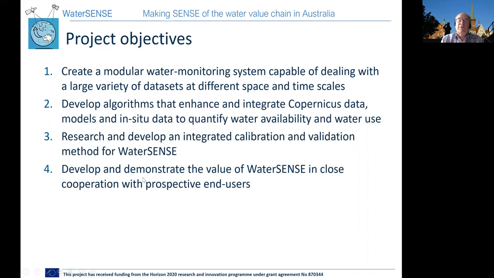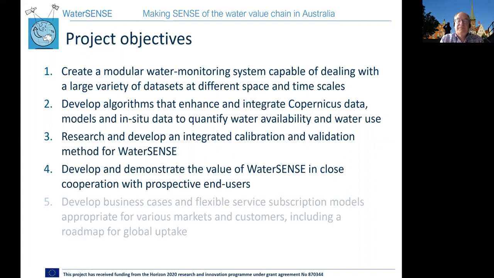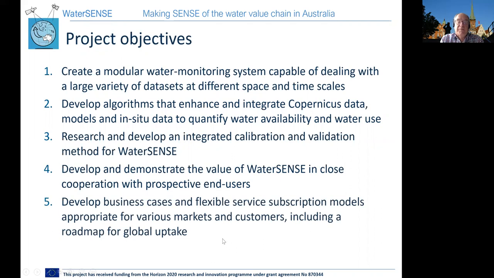We are also demonstrating the value of the results that we are producing in close cooperation with prospective end users. We also develop business cases and flexible service subscription models for various markets and customers, including a roadmap for the whole Earth.